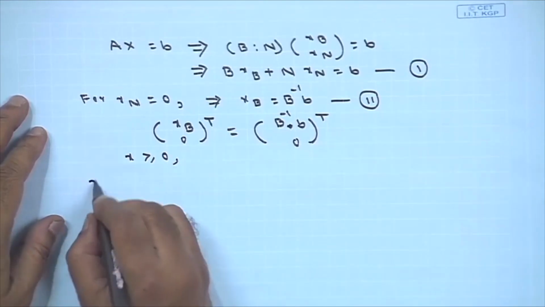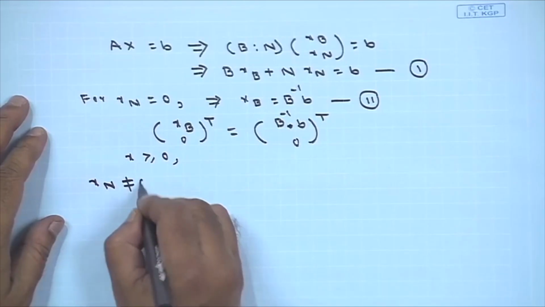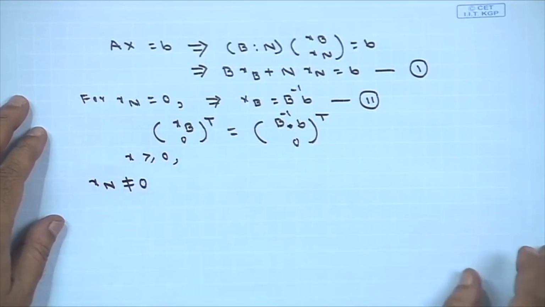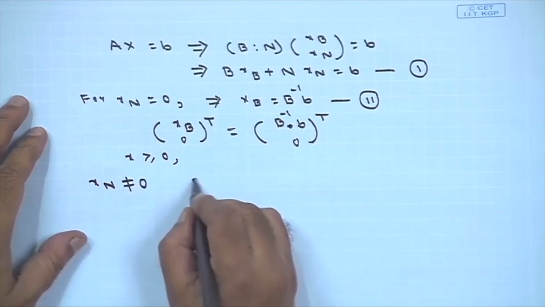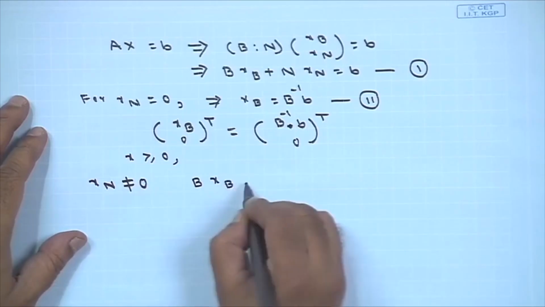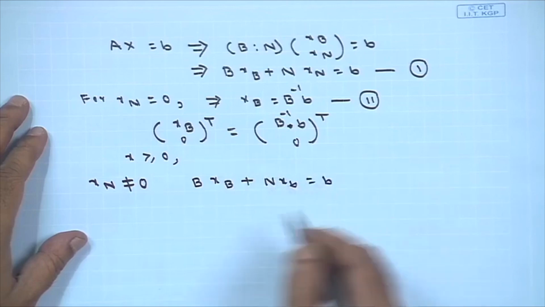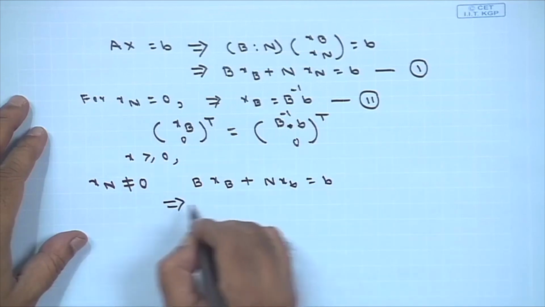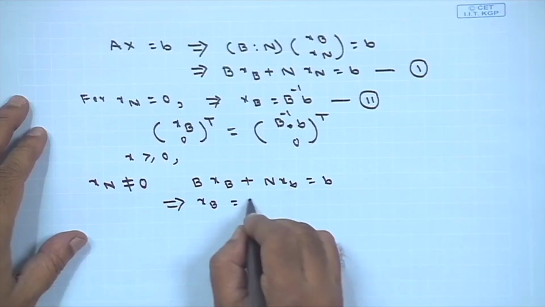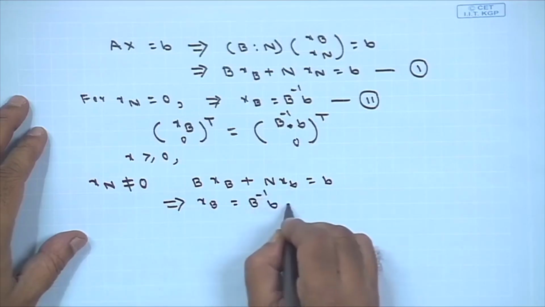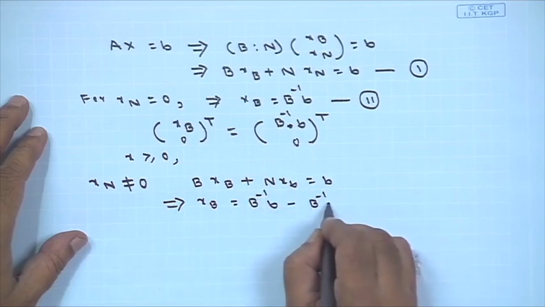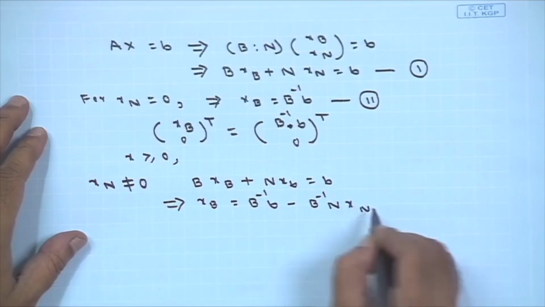Now, whenever xn is not equal to 0, in that case you are having B xb plus N xn, this is equal to B. After manipulation, you can write down xb equals B inverse B minus B inverse N into xn.